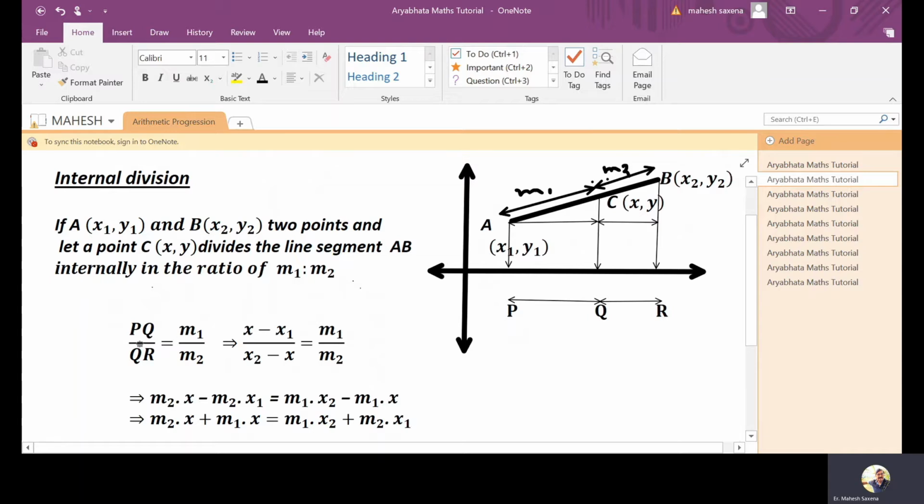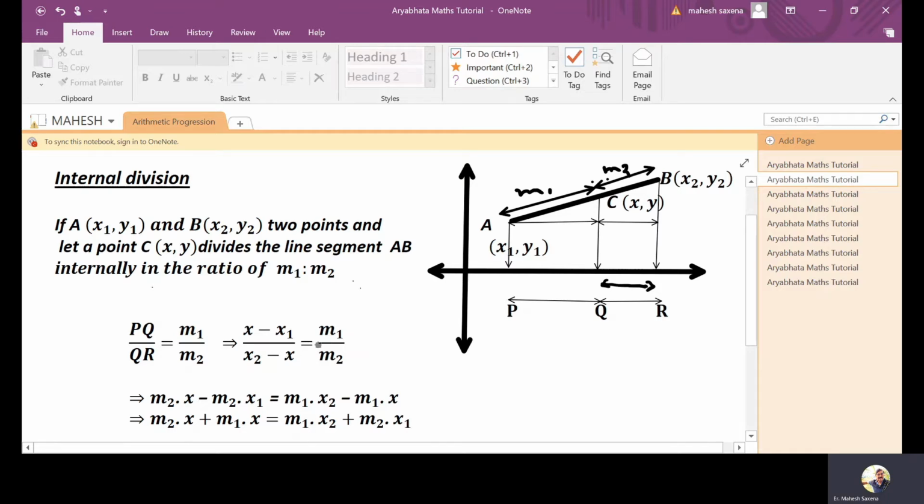Now PQ upon QR is equal to M1 upon M2. Here it is clear that the distance PQ is x minus x1, and similarly the distance QR is x2 minus x. Therefore, x minus x1 upon x2 minus x is equal to M1 upon M2.